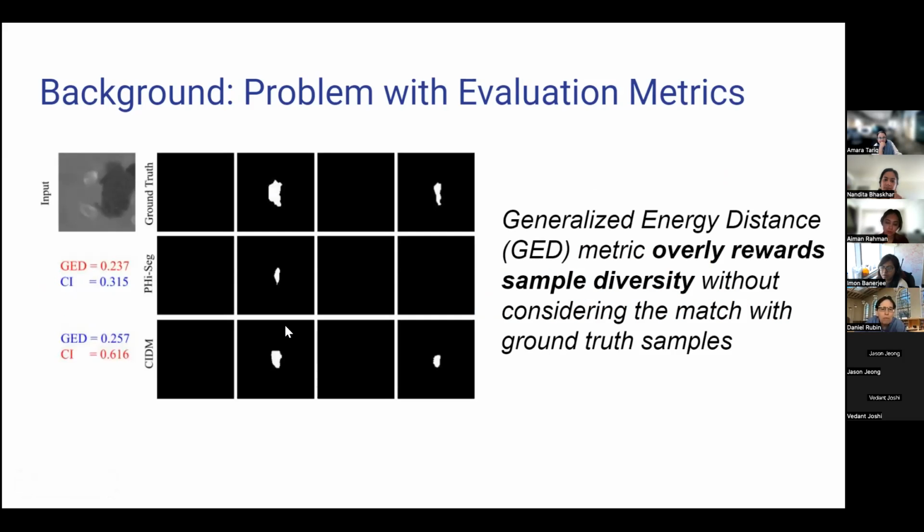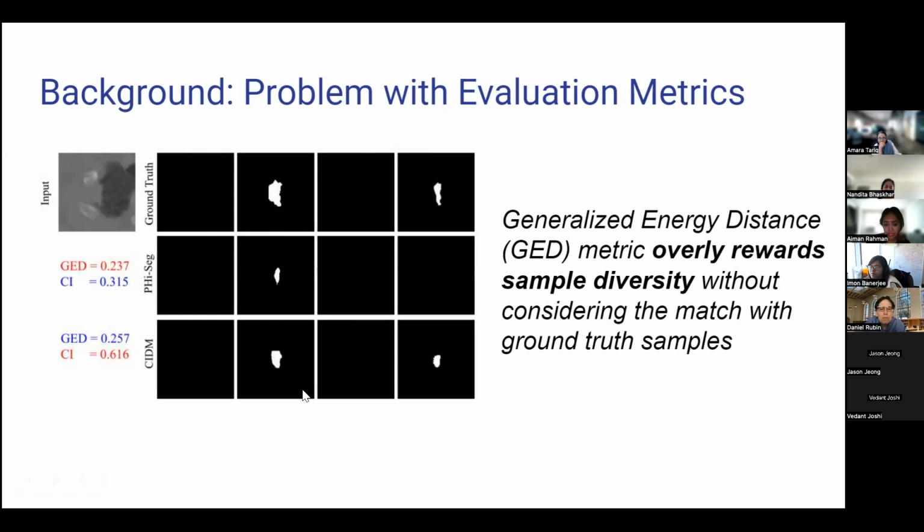So we found a problem with the GED metric. It's not a very optimal evaluation metric, since it seems to reward higher diversity in the segmentation masks. In this case, you can see the ground truths. You have an input image and some blanks, and then you have two segmentation masks here.